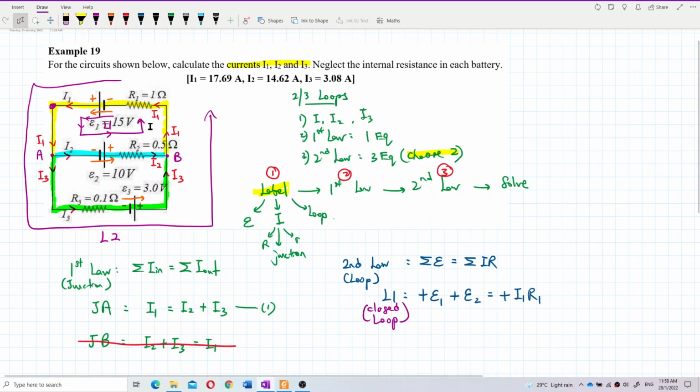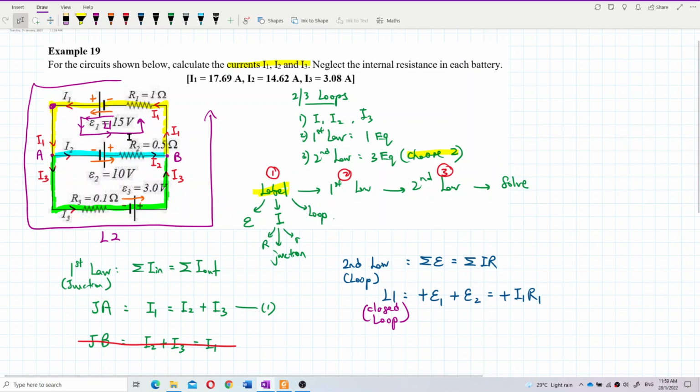And then how about resistor 2? Look at current I2. Current I2 is going to the right. Resistor 2 is where current I2 passes through. This current I2 is in the same direction as the loop. Look at the bottom part of the loop, not the top part.